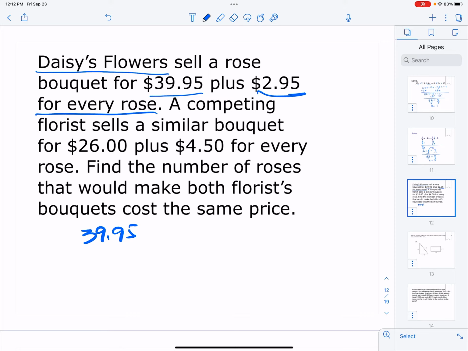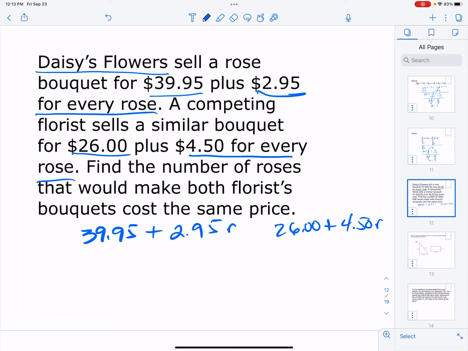Now, if I want roses in there, I have to buy those extra, and they come at $2.95 per rose. So add to this price $2.95 per rose. And we'll just use an R for rose. Now the competing florist sells a similar bouquet, but they're going to be $26 plus $4.50 for every rose.